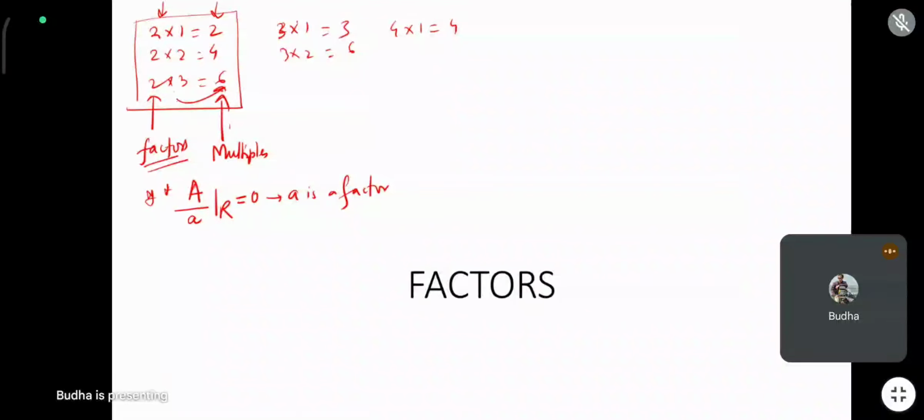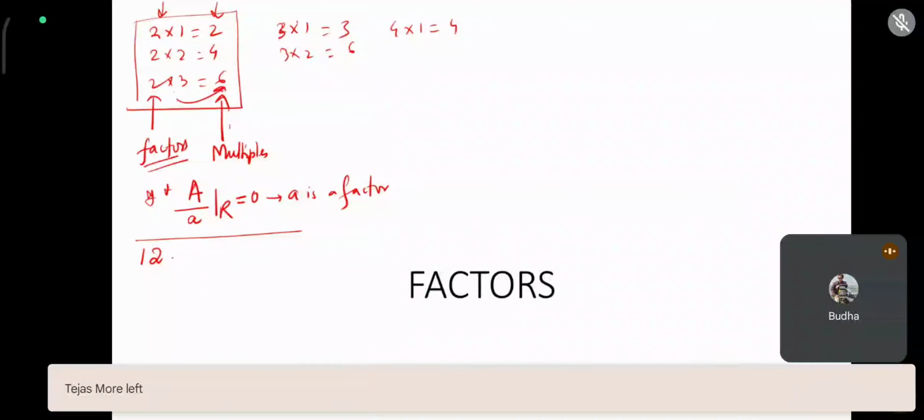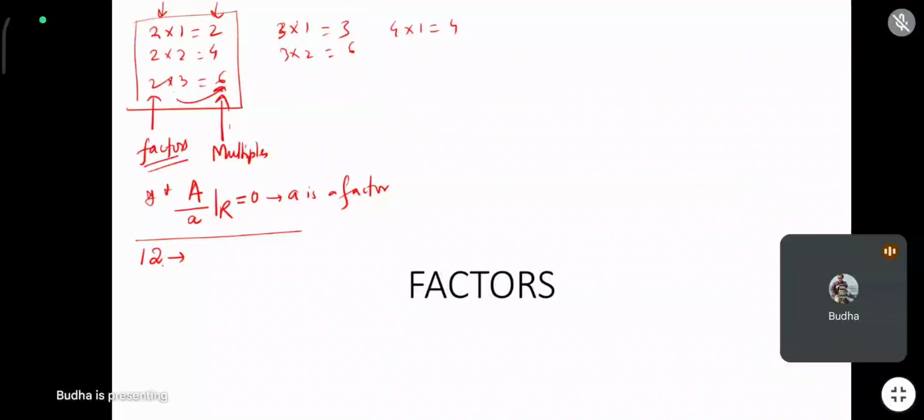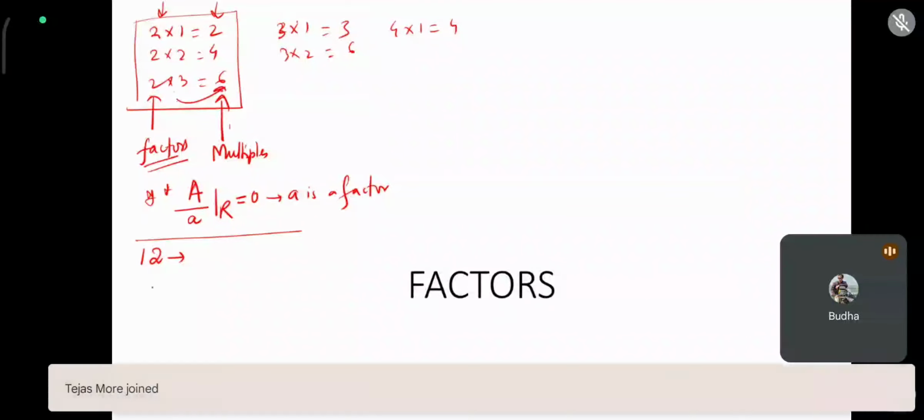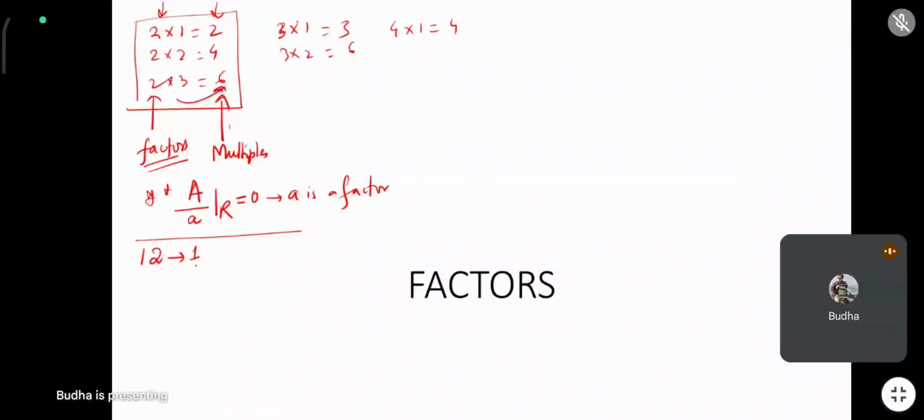Remember, if I want to describe the factors of 12, what are the factors of 12? Meaning which numbers can divide 12? So I have 1. Remember, 1 is a factor of any number. All the numbers have a factor 1. So 1 can divide 12.